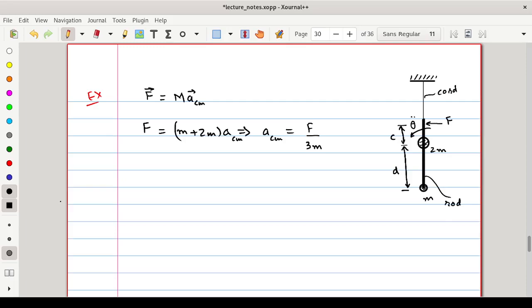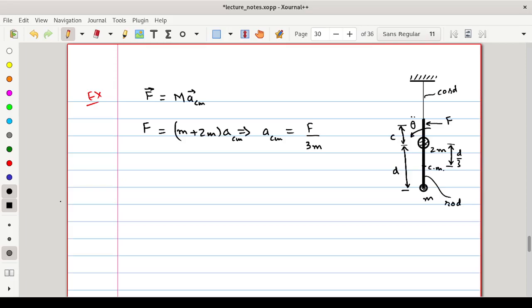This is very easy. You can easily show that the center of mass is at a distance of d by 3 from the larger mass. The center of mass is here.